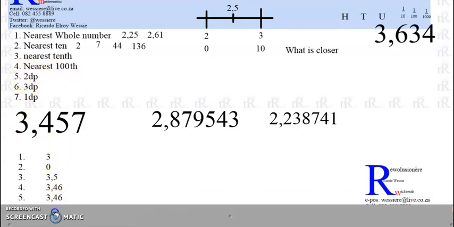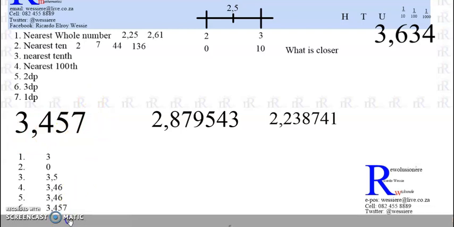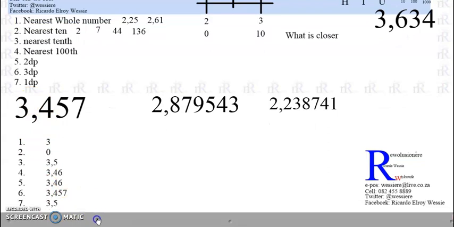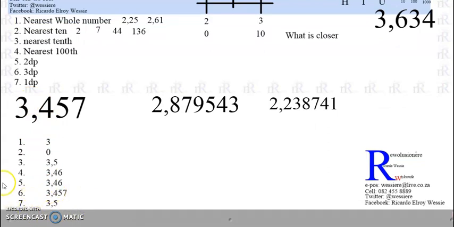My answer will be 3,46. If they say round to 3 decimal places, 1, 2, 3 decimal places, there's nothing that follows this. So my answer remains 3,457 as my answer. 1 decimal place will be the same as rounding to a 10.